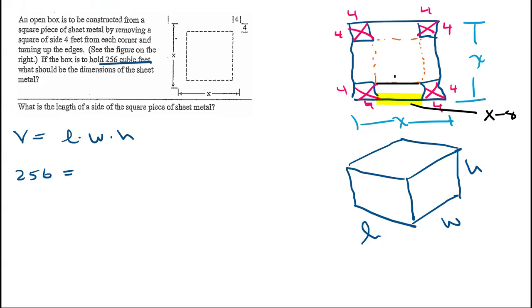So this side is X minus 8, and this side is X minus 8, and this side is X minus 8. So all the way around is X minus 8. Does that make sense? So what's going to be the length and width here? X minus 8, and this is going to be X minus 8. The only thing that's going to be different is our height. What's the height going to be?